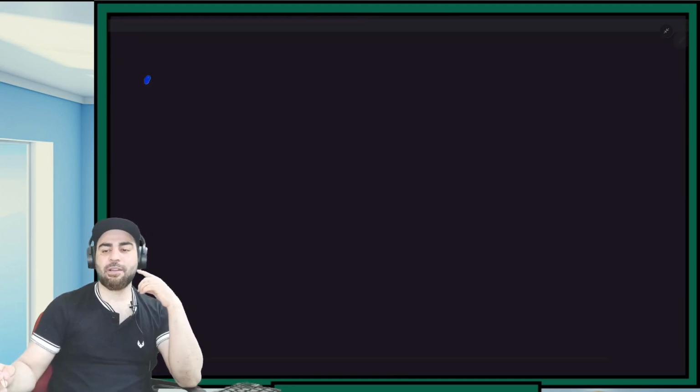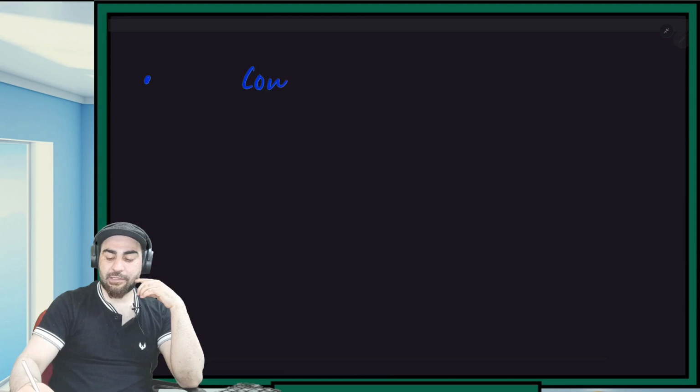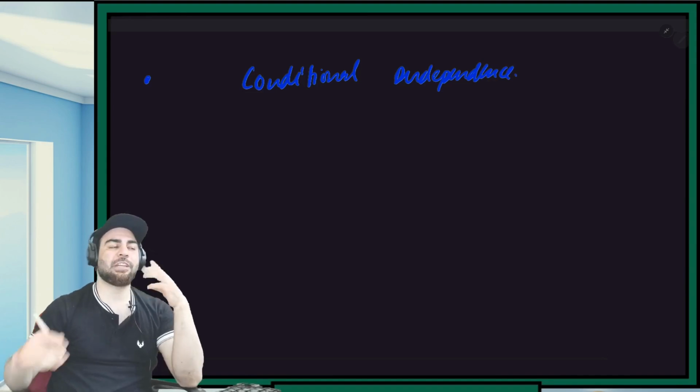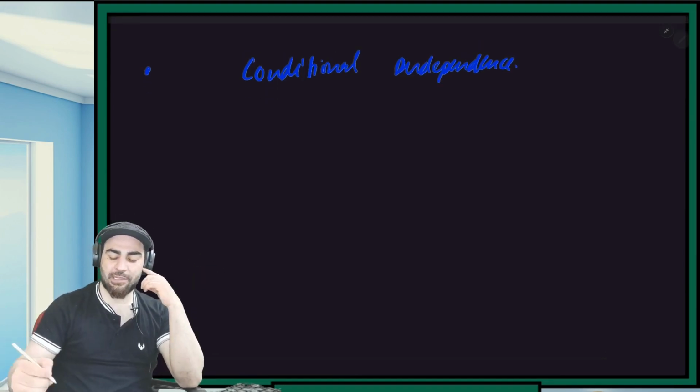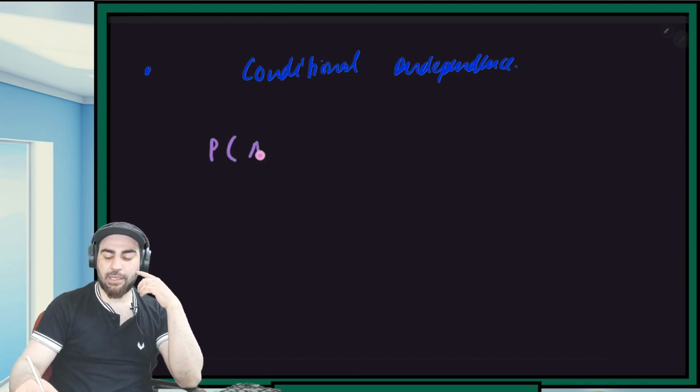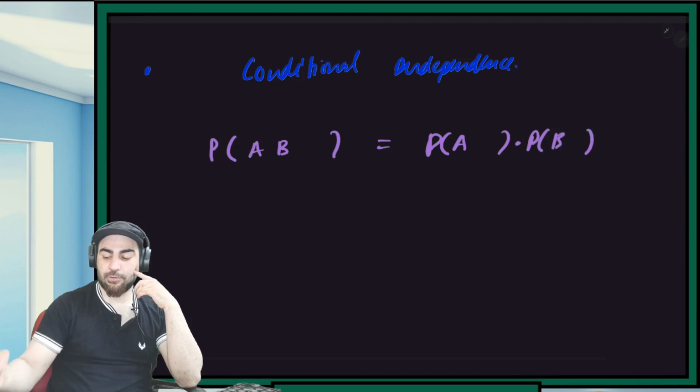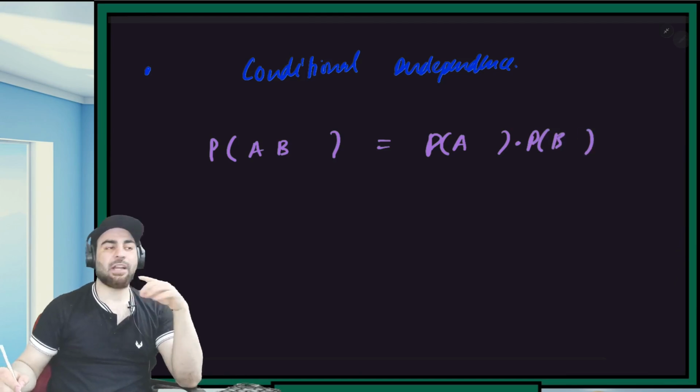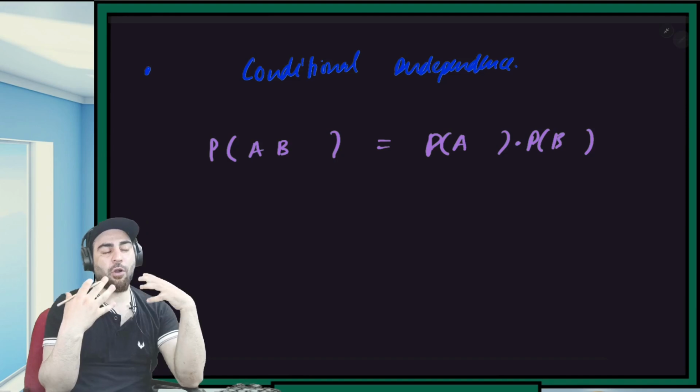The next topic is conditional independence. In independence, we had two events, say A and B, and we wrote probability of A and B equals probability of A multiplied by probability of B. So what is conditional independence now? Suppose we have some other event C on which we condition.